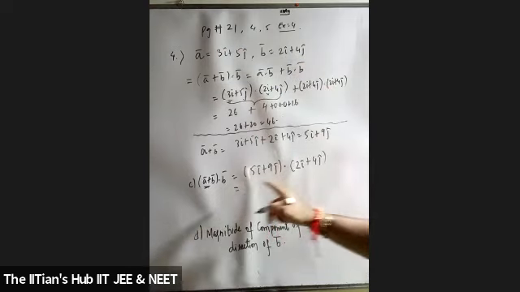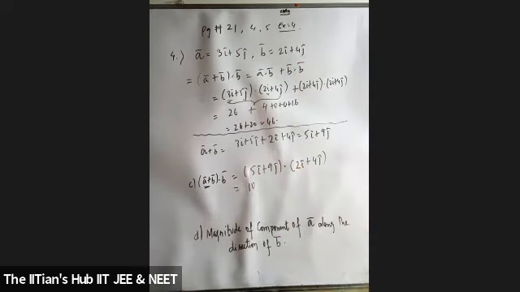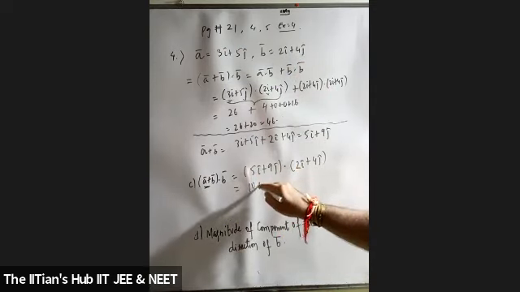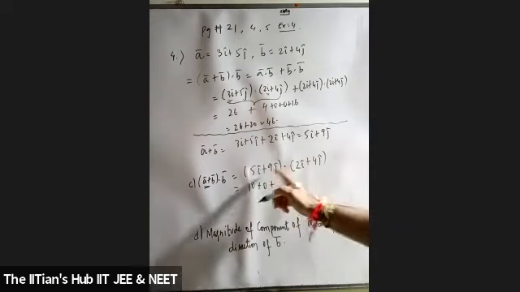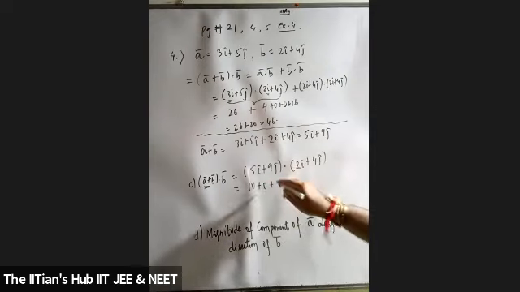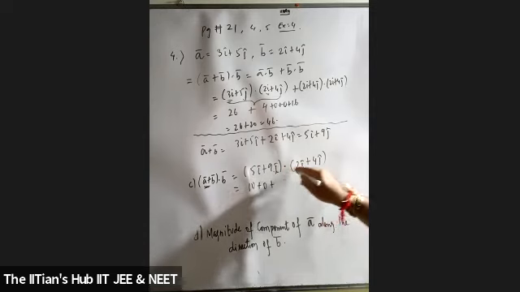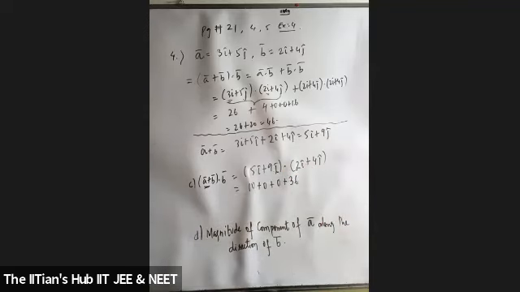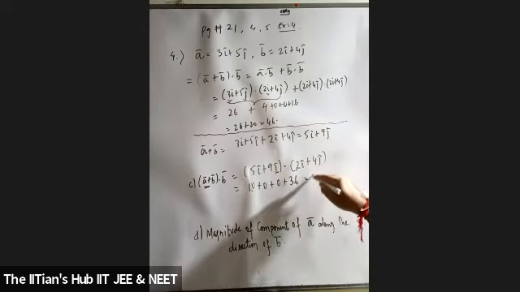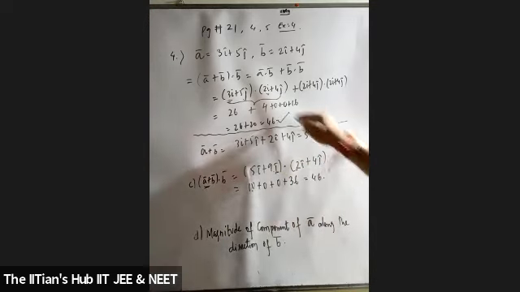Solving it, 5 2s are 10, I dot I will be 1, I dot J will be 0. Agreed. Plus 9 2s are 18, J dot I will be equal to how much? 0. And plus 9 4s are 36. J dot J will be 1. What is the answer of 36 plus 10? 46. Is this clear, students?